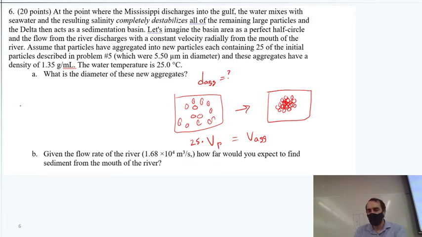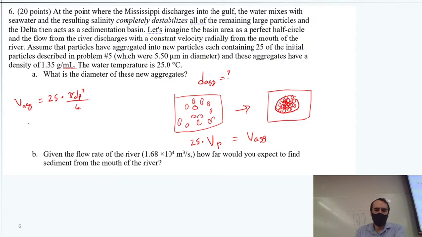And so if we do make the assumption that this is spherical, then the volume of an aggregate is going to be equal to 25 times the volume of one of those particles, which is pi times diameter of the particle cubed divided by 6, right? So we know that for the initial particle diameter.